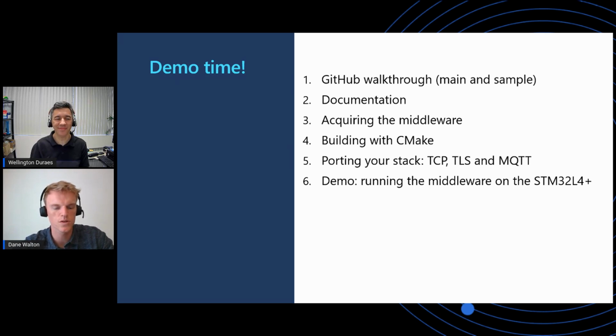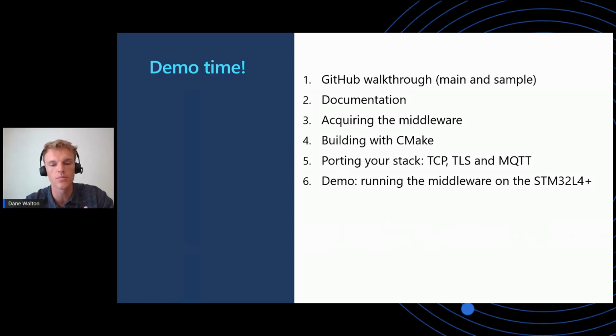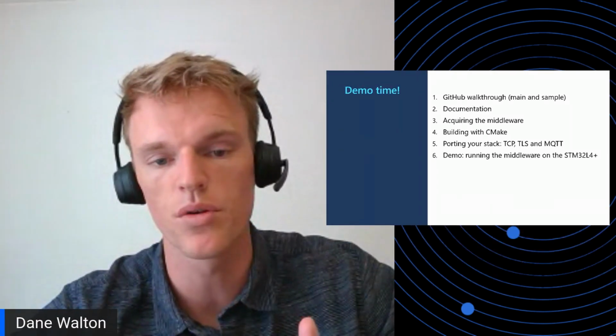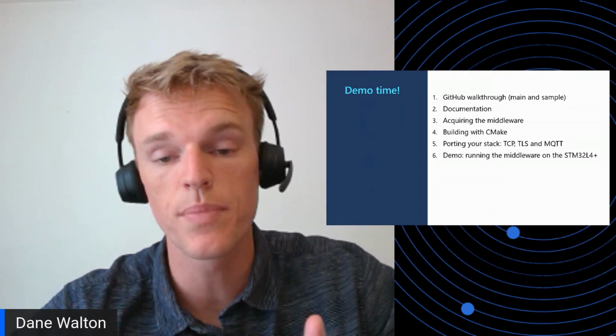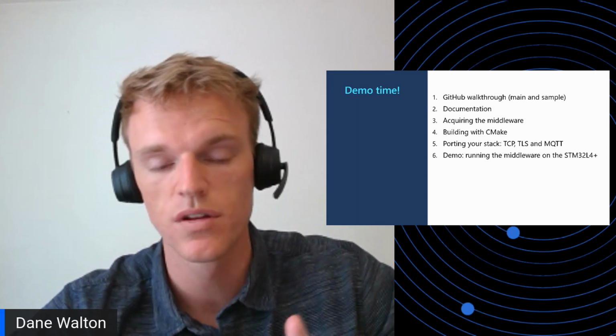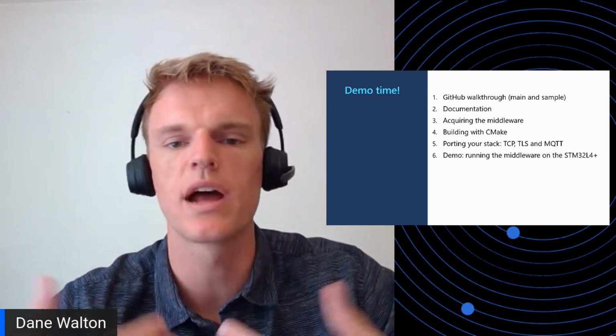All right, so here's what we're going to go ahead and do. We're going to go through the different GitHub accounts or repos that we have. So we have the main repo with the source code, and then we have the sample repo. So we'll go through that. We'll go through documentation that we have both on the repo and on the source code itself. Then we'll go over acquiring the middleware. So how do you actually get it?